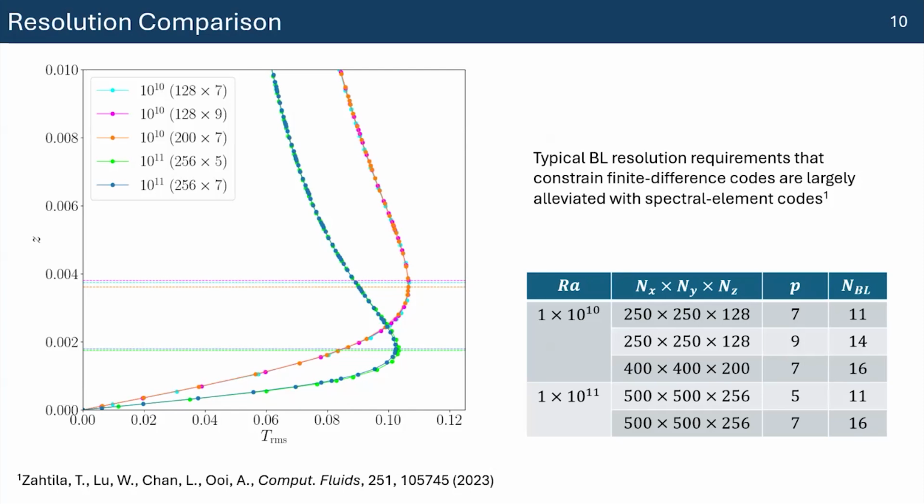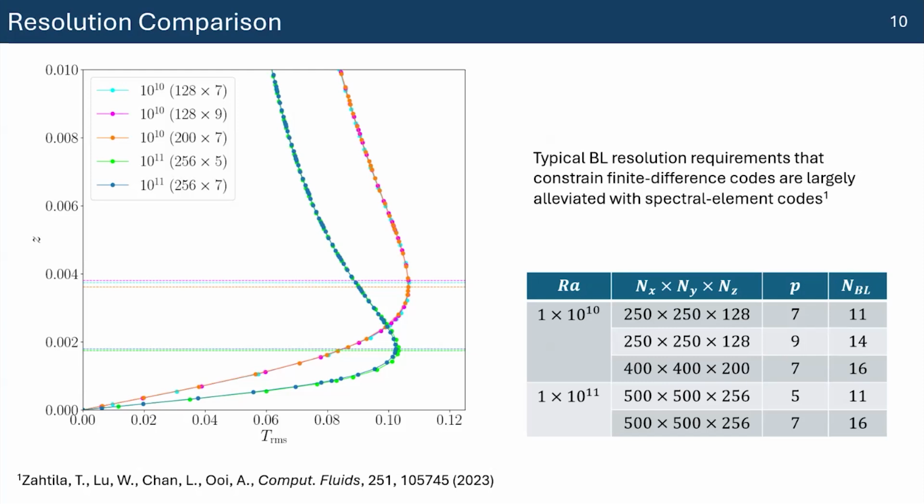But one thing to note in these cases is that it depends on the numerical method that you're using. We are using the spectral element method, and it has been shown that for spectral element method, even with 10 points in the boundary layer and even with a coarser resolution, we can get reasonably good results. But when it comes to finite difference methods, this might not be sufficient.